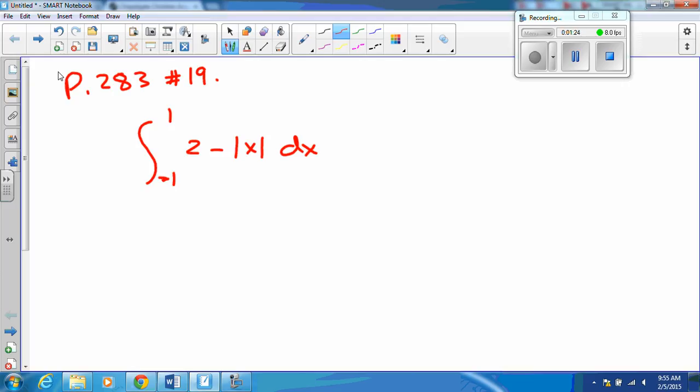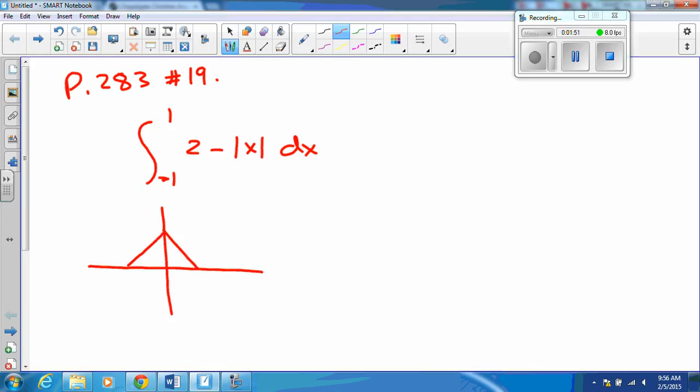Okay. And so they're asking you to evaluate this definite integral right here. And so we begin by giving a sketch of the region. And what do you end up with as your sketch? Yeah, that's right.